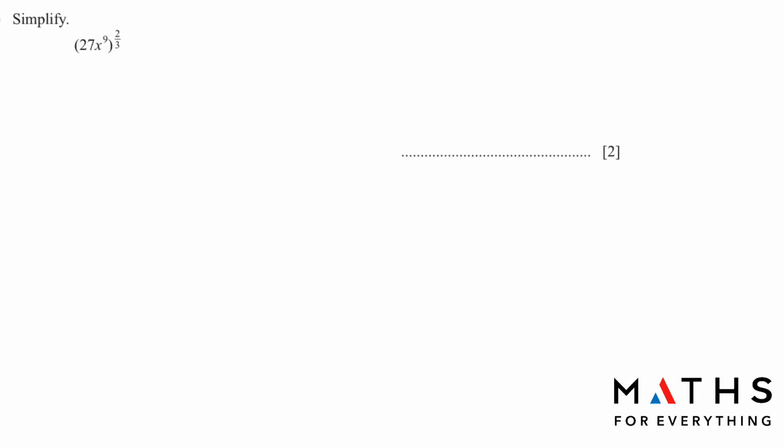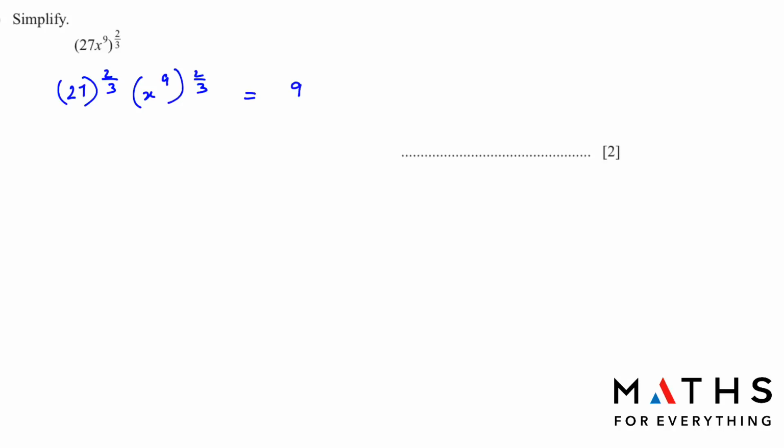The next question, simplify. We have been given a bracket and a number and x inside. Remember, the power which is outside is for the number which is inside also. So we will write 27 to the power of 2 over 3 and x to the power of 9 to the power of 2 over 3.